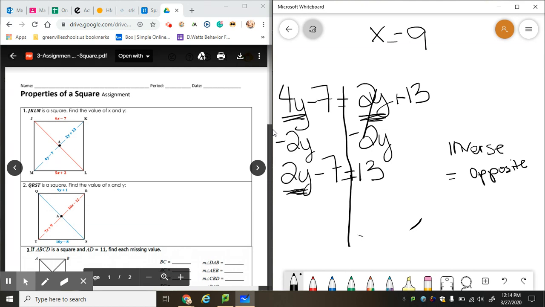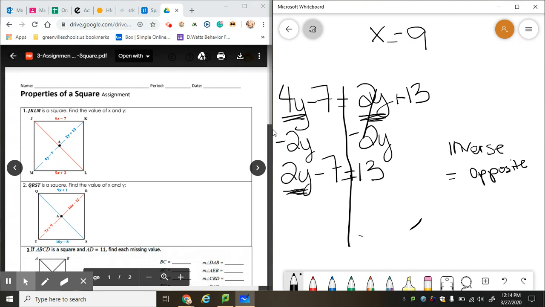If I try to move the 2, I'm going to have a really big headache trying to move the 2 with the 7 at the same time. So I'm going to move the 7 first because it's going to be a whole lot easier. I'm going to add 7 to both sides.